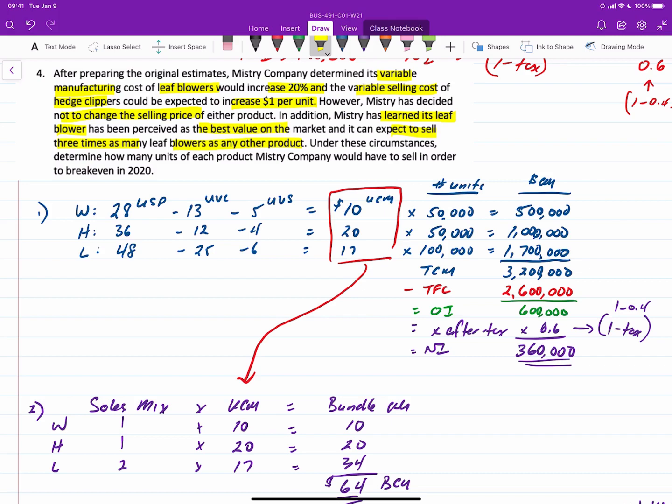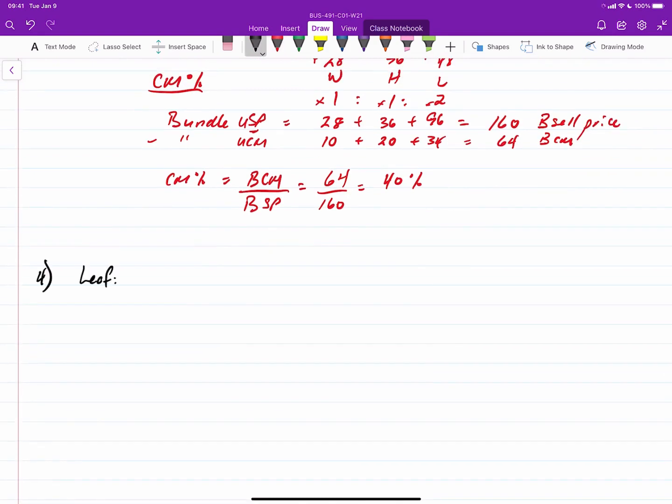So what we want to do is determine how many of each product the company has to sell to break even. We want to make sure that we identify the major things that have changed here. The variable manufacturing cost has increased by 20%. For the leaf blower, the variable manufacturing cost right now is $25, and that's expected to increase by 20%.